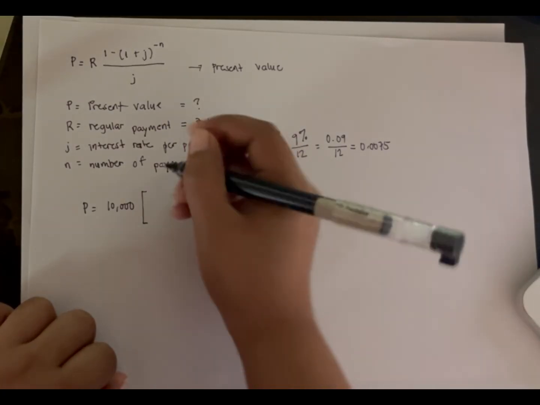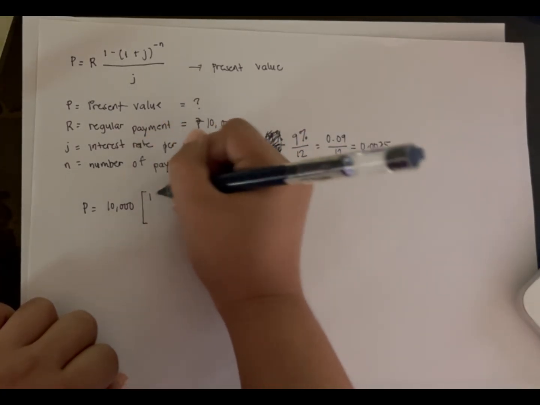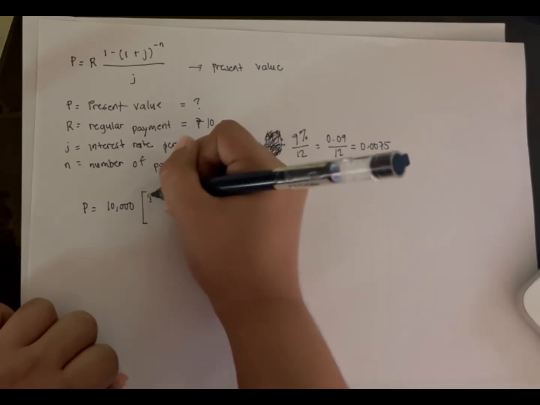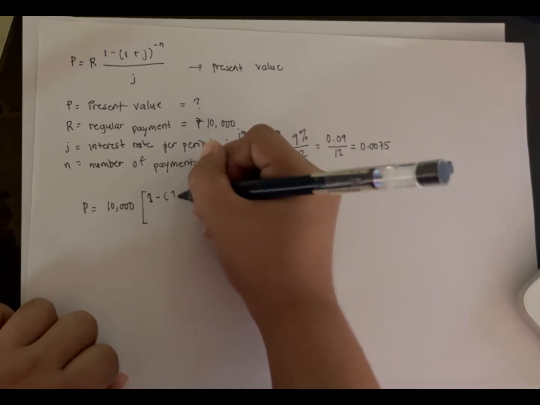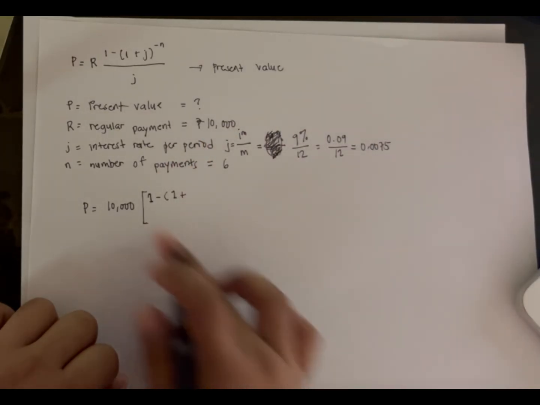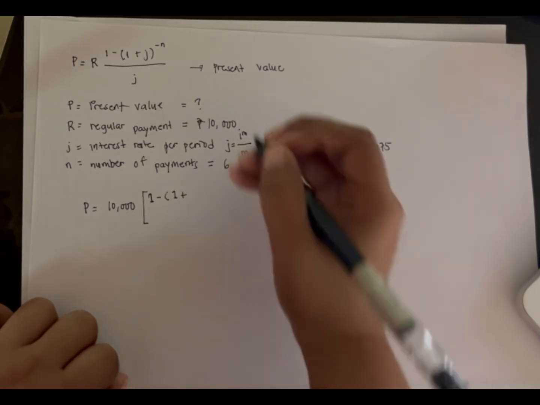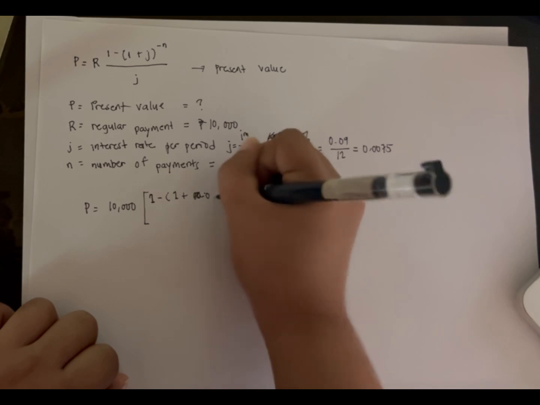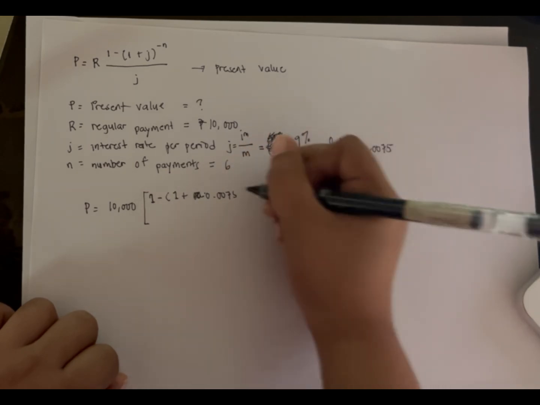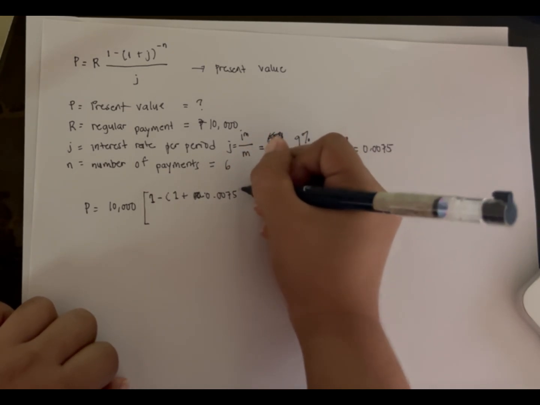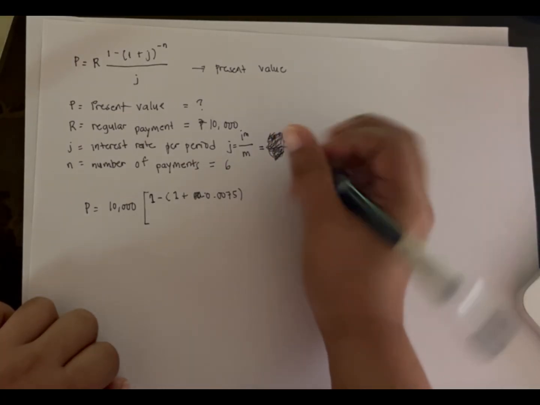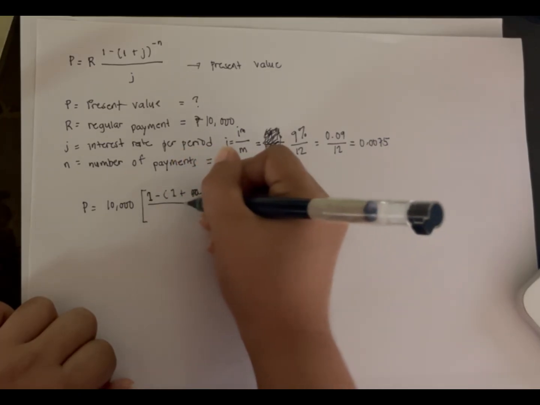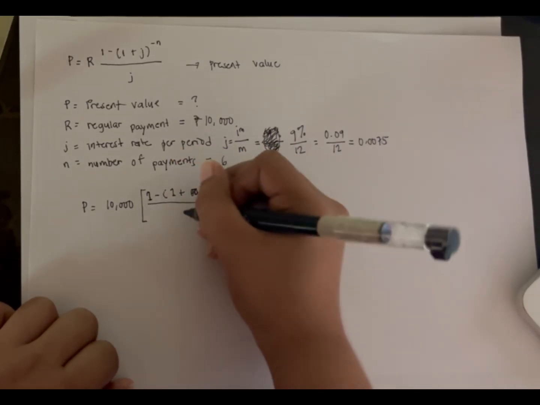Multiplied by constant 1 minus the quantity of 1 plus j. What is j? 0.0075 raised to negative n. So negative n is equal to negative 6, divided by j. So what is j?